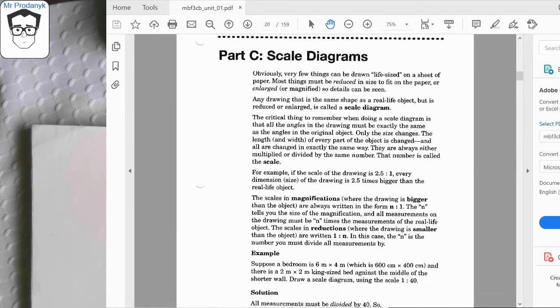Okay, part C now, scale diagrams. Obviously, very few things can be drawn life-sized on a sheet of paper when we're talking about designs. Think of the designs of a house, or even something as simple as a garage. You're not going to design those to be life-size drawings of those particular structures.